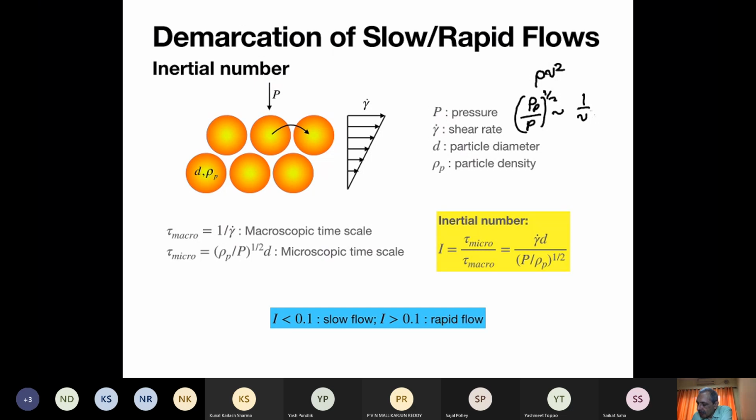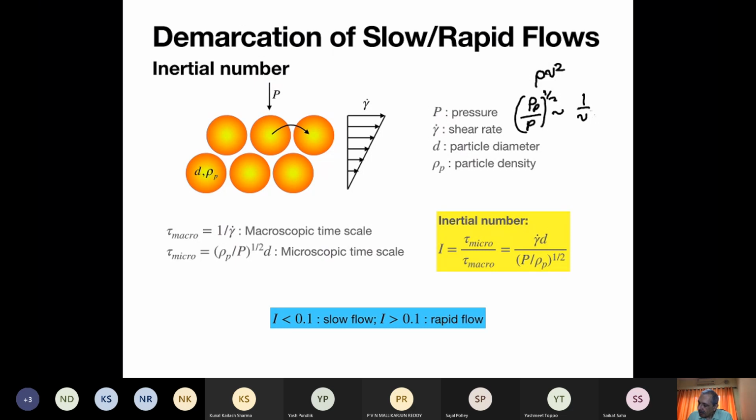So you have two time scales, and then you can take the ratio of the microscopic time scale to the macroscopic time scale. Since both of these have units of time, when you take the ratio, this quantity is dimensionless, and you can think of this inertial number as some kind of a dimensionless shear rate.